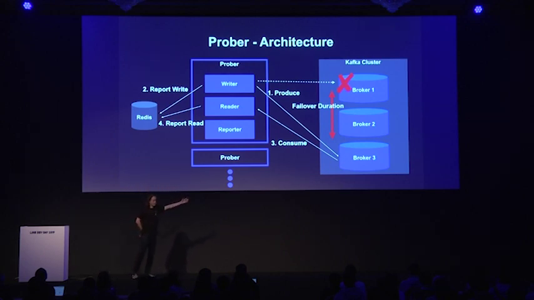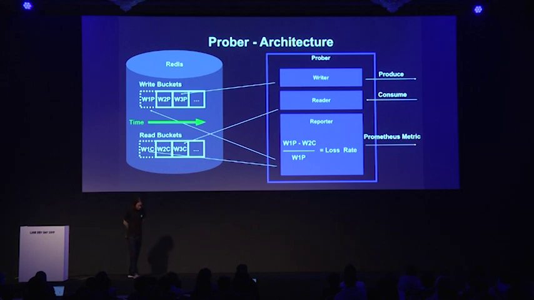The reader reads records from the Kafka cluster, and the IDs are also stored in Redis. If a failover occurs in the actual cluster, then this prover will be affected.